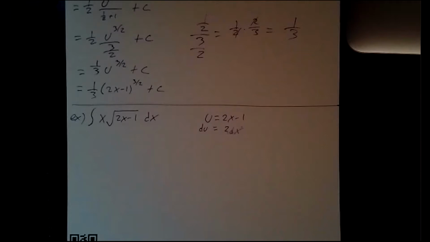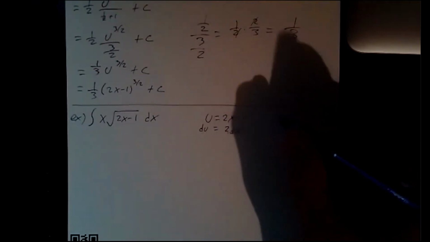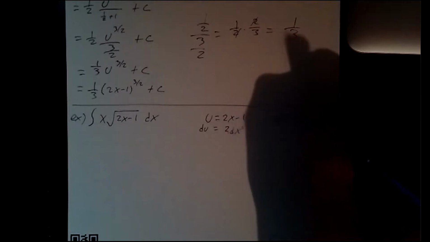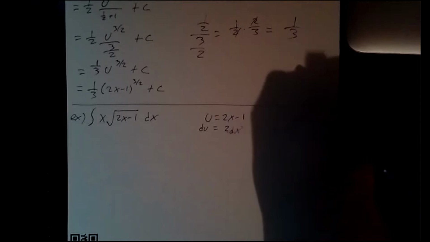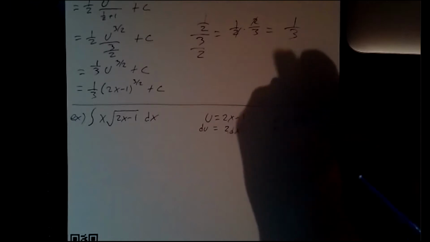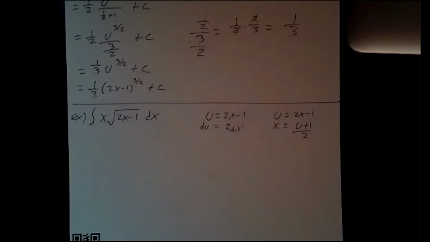So what we can do is solve for x using the first part, right? Because we know that u is equal to 2x minus 1, so what is x equal to? x would be equal to, move the 1 over, divide by 2, u plus 1 over 2, right? If you solve for x.